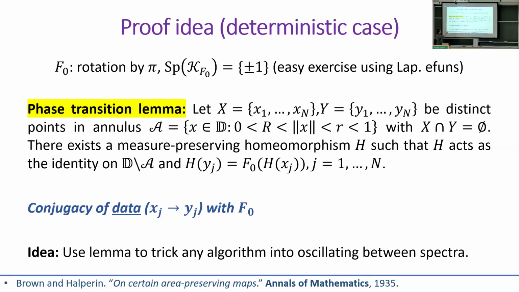Then there exists a measure preserving homeomorphism h, such that h acts as the identity on this annulus, and if you take x, apply h, then rotate, you get back h of y. So you get this conjugacy. The idea will be to use this lemma to trick a supposedly existing algorithm into not converging.